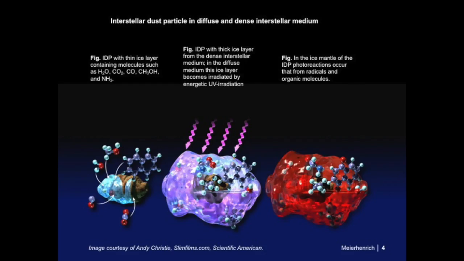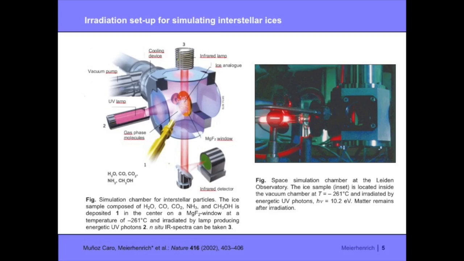Okay, so then we assume that there might be some photochemistry going on in these ices at extremely low temperatures. So we simulated these processes in our lab. We have water, carbon monoxide, carbon dioxide, ammonia and methanol. So these molecules you have seen already. These molecules are in the gas phase, and we know their presence in interplanetary and interstellar space.